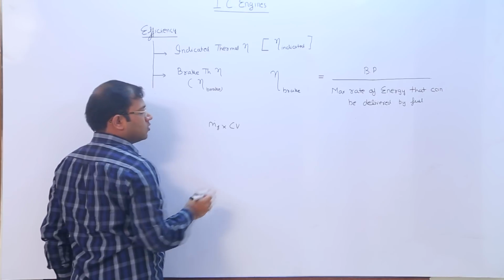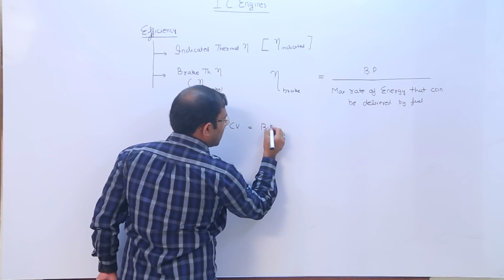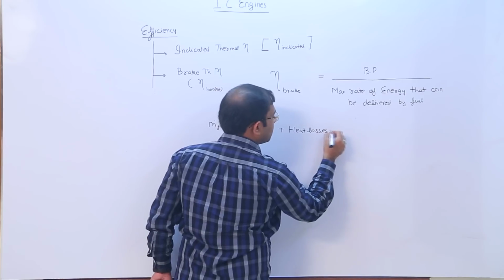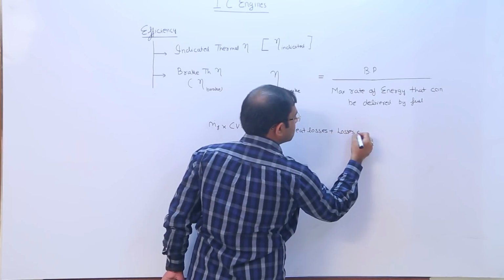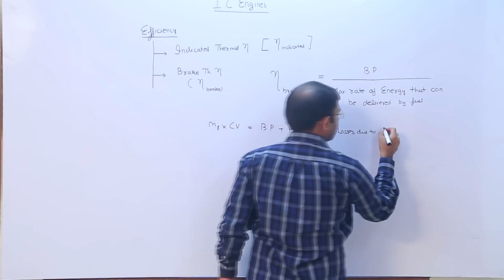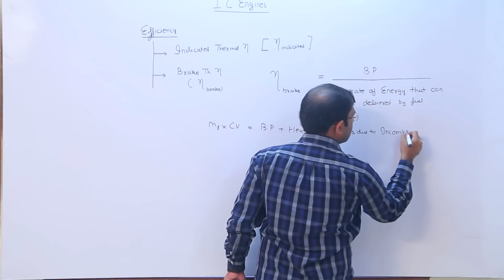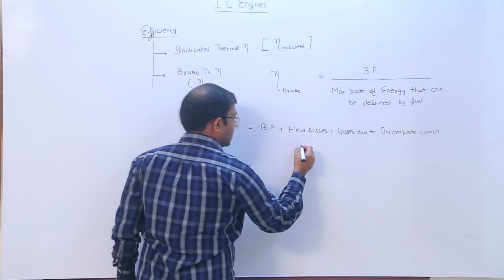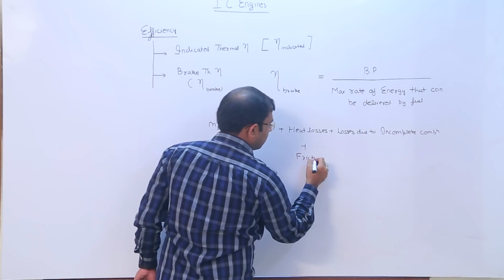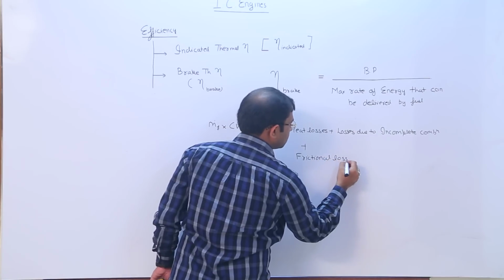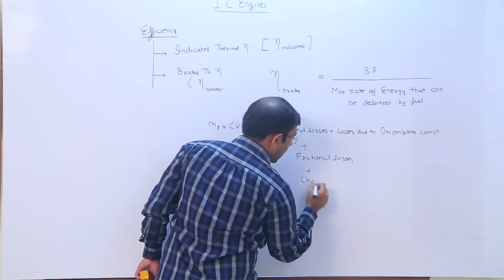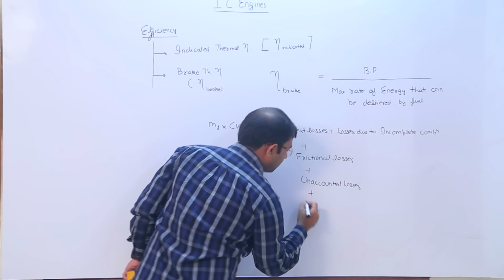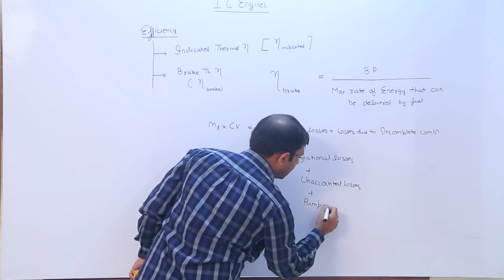into calorific value is nothing but your brake power plus heat losses plus losses due to incomplete combustion plus frictional losses plus unaccounted losses plus your pumping losses.